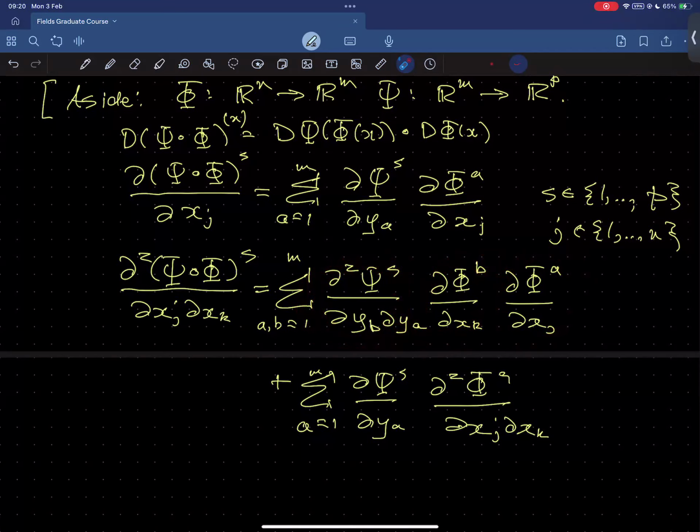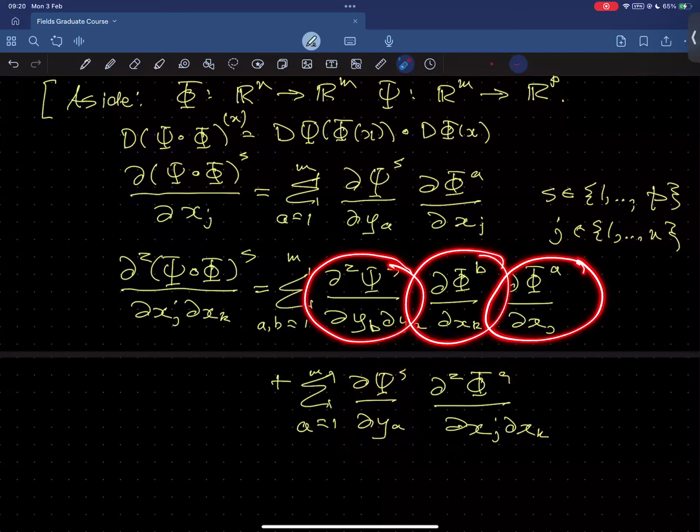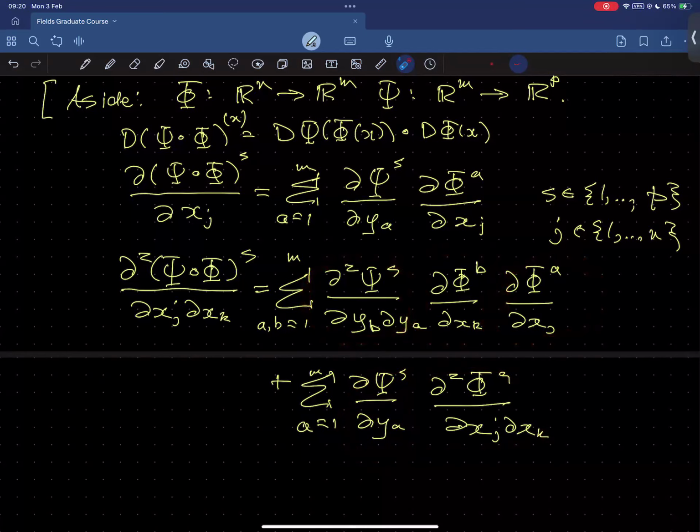And down here, when you differentiate this, you get a second derivative of this and a second derivative of this. So what you end up getting, interestingly, is three terms which have a very similar form. They involve a second derivative of this, a second derivative of this, and then a first derivative of this. So you get three of them, and they're all basically the same.